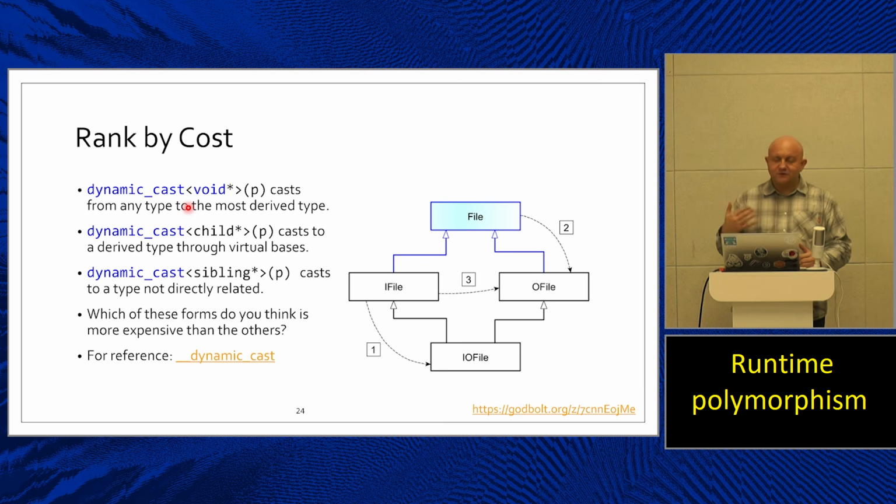Casting to a known derived type is more expensive because the runtime must verify the relationship and possibly adjust across virtual bases. And casting to a sibling type is usually the most expensive case. The runtime may need to walk the inheritance graph, follow RTTI structures, checking for ambiguity and accessibility.